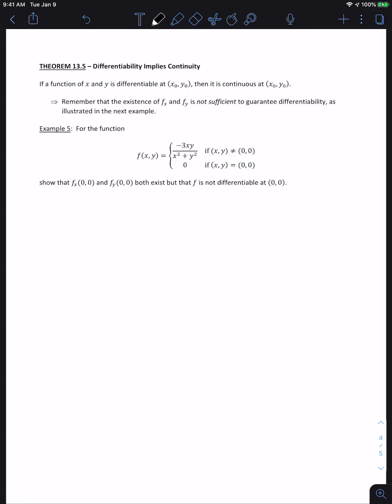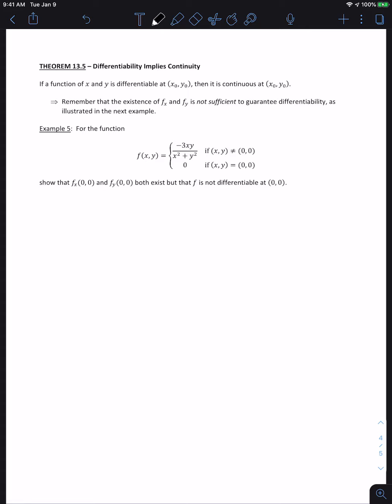Just because my partial derivatives exist does not mean that I'm differentiable. However, if I'm differentiable, then it means that I'm continuous, right? So there's two different things there.